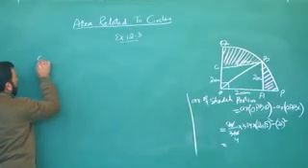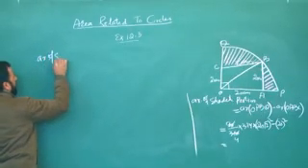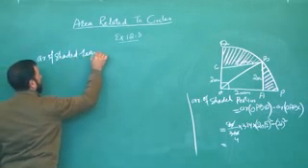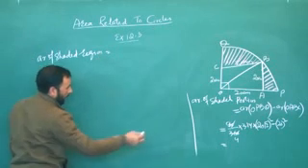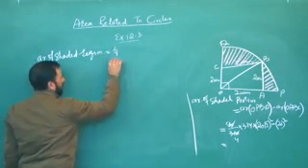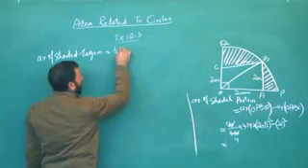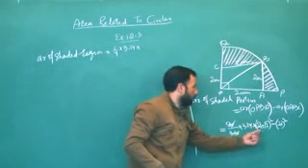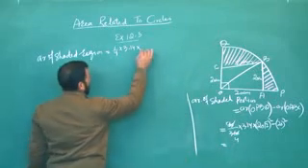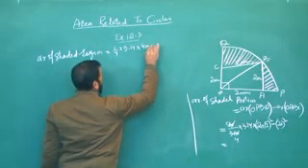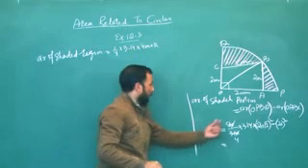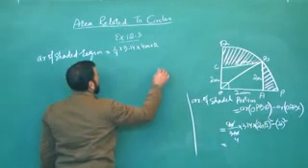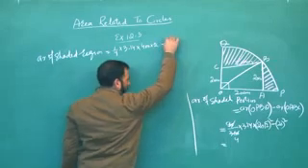Now the area of the shaded region is equal to 1 by 4 into 3.14 into 20 square root 2 whole square, that equals 400 into 2. This 20 square is 400, square root 2 square is 2, minus 400.